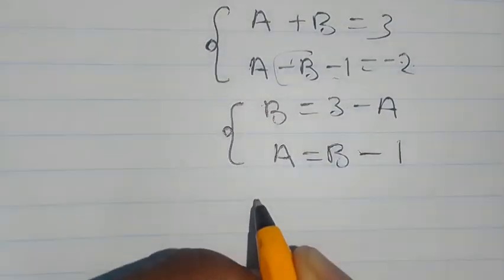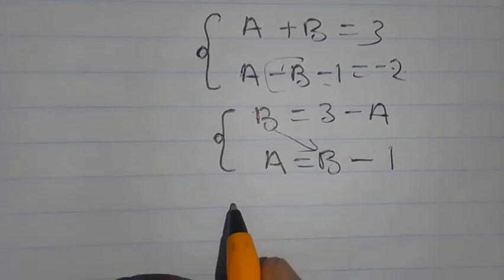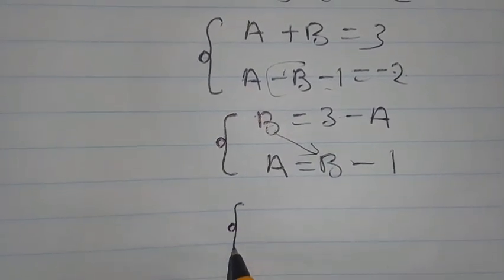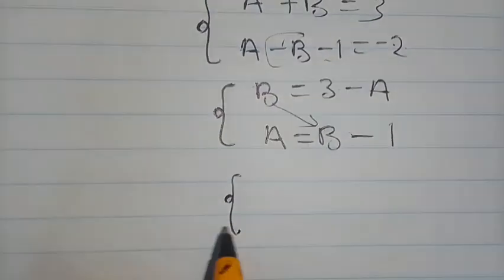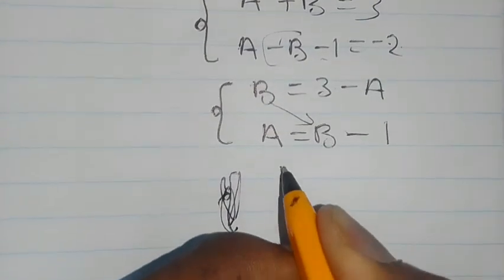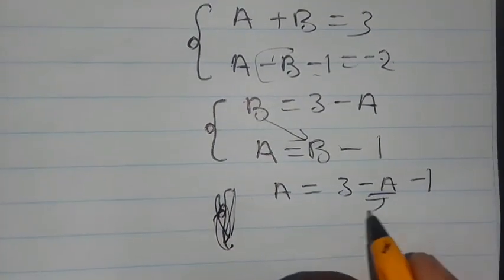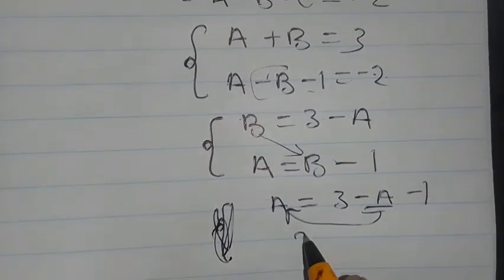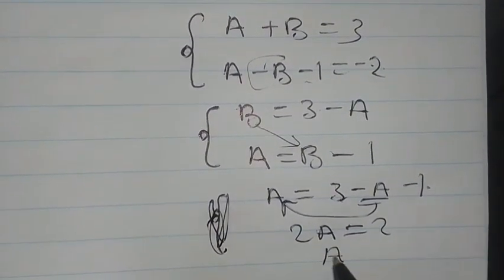You can solve it anyhow you want. So I'm just going to plug b there, right? Okay, so there's no need for this anymore. So I'll have that a equals 3 minus a minus 1. So if I take a that side, then I'll have 2a, right? And 3 minus 1 is going to be 2. Then a equals 1.